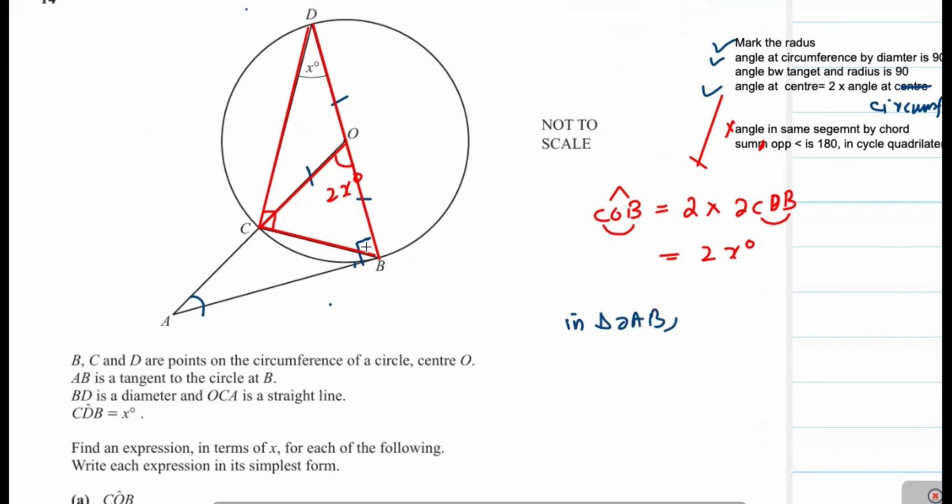These are the angles: 2x degrees, and at B is 90 degrees, and angle OAB will be equal to 180 because the sum of interior angles is 180 degrees. Therefore, angle OAB will be equal to 180 minus 90 is 90 minus 2x. Therefore, this is 90 minus 2x.